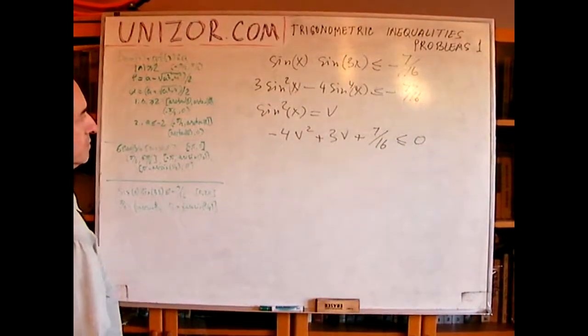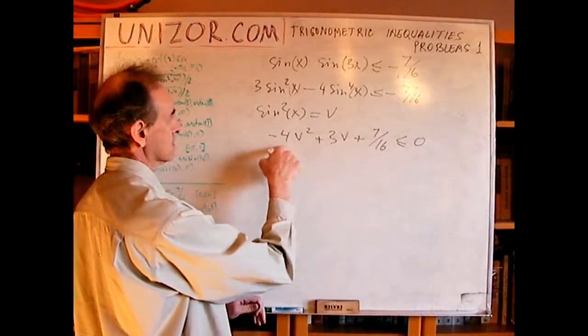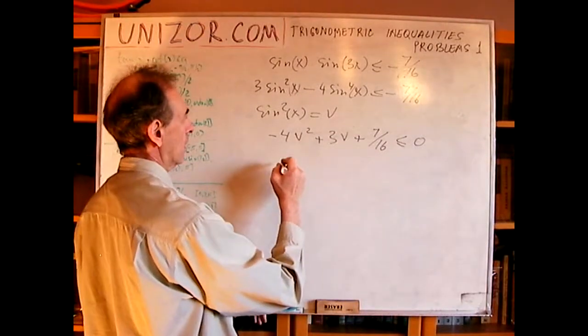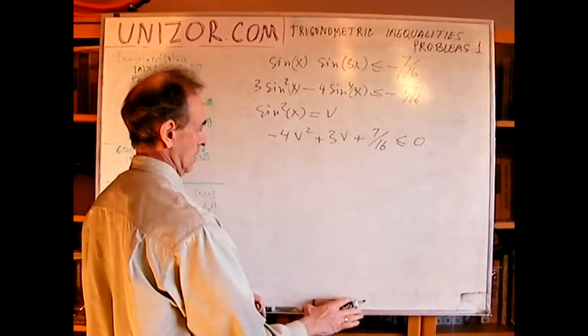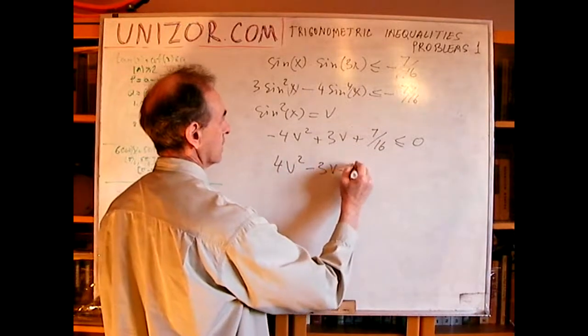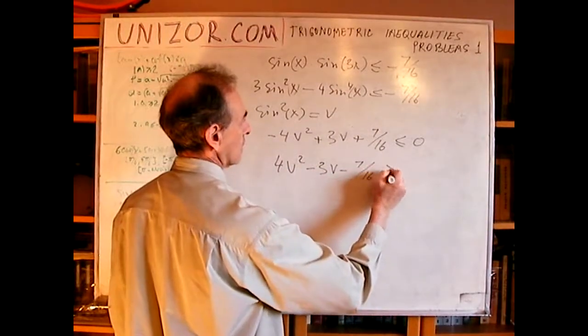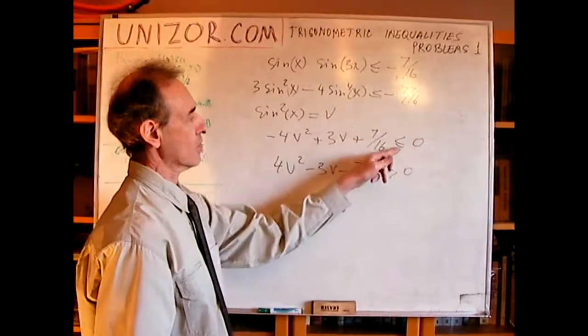That's my inequality. Again, I prefer to have the positive coefficient at v squared, so I will have plus 4v squared minus 3v minus 7/16 greater than or equal to 0. So I reverse the sign here, and I reverse the sign of inequality.